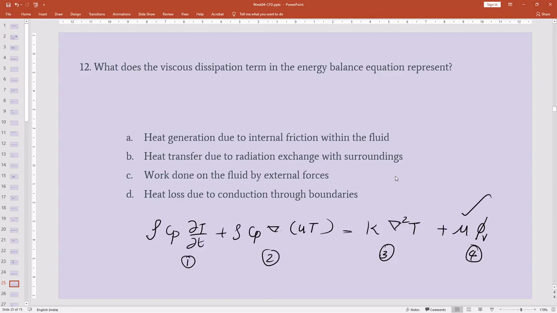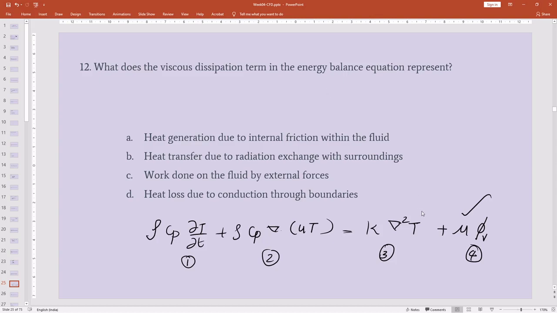Here, looking from an energy angle, the movement between different layers of fluid can create energy, heat.